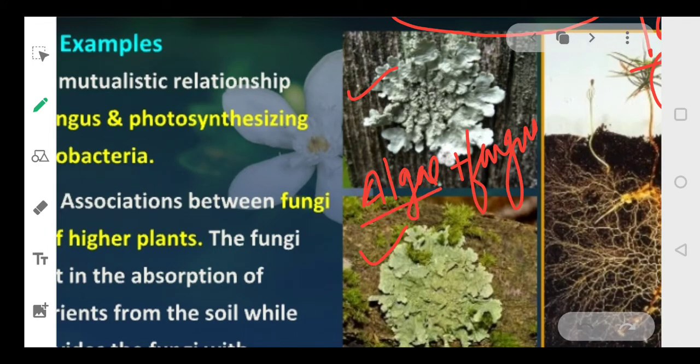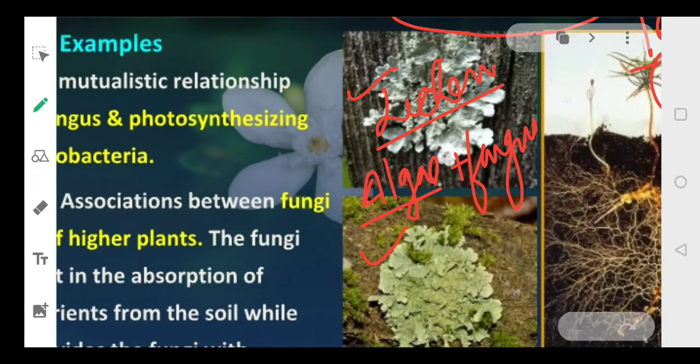Here the algae will prepare food and the fungus will provide the material that is needed for the preparation of food. So lichens are made up of two organisms, algae and fungus.